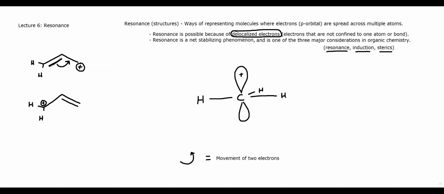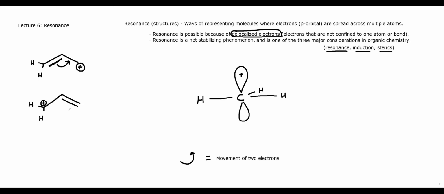By doing so, they create a net stabilization of the molecule. This is the most simple example we can draw, where these two electrons are simply hopping over and filling up this empty p orbital in this carbocation, thereby creating a carbocation on the carbon that's left behind.